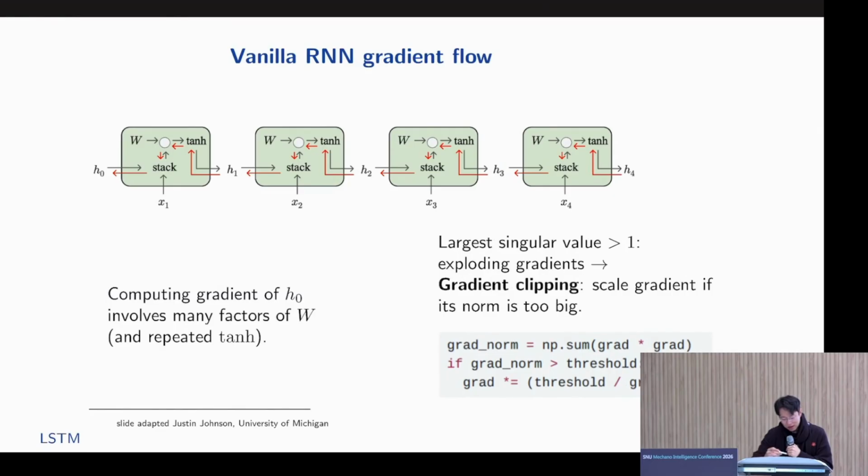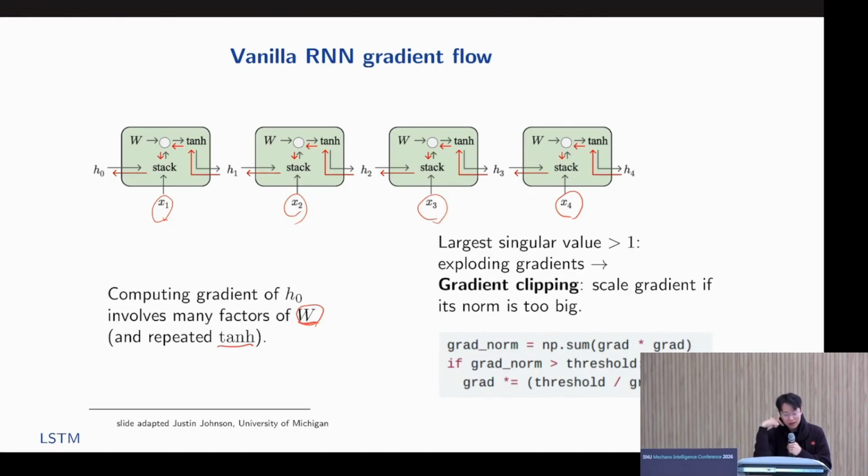So as we keep processing these inputs over and over, it's passing through matrix multiply of W and repeated tanh. So if the largest singular value of this matrix W is greater than 1, then if we keep repeating this matrix, we're going to have explosion to positive infinity.